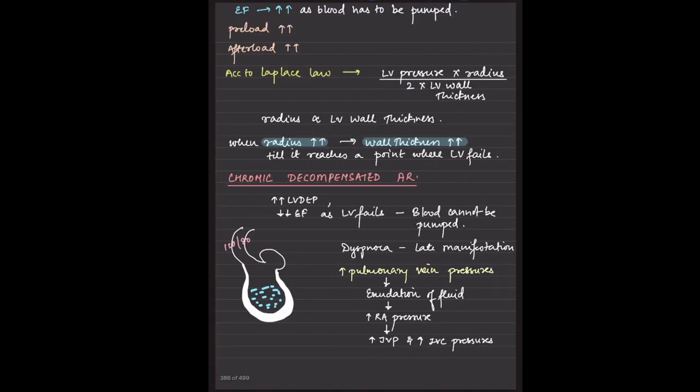Whenever there is an increase in the end diastolic pressure, right? So left ventricular end diastolic pressure is increasing. Of course, that will increase the ejection fraction, right? We all know that. And as the blood has to be pumped, the preload is also increasing and the afterload is also increasing.